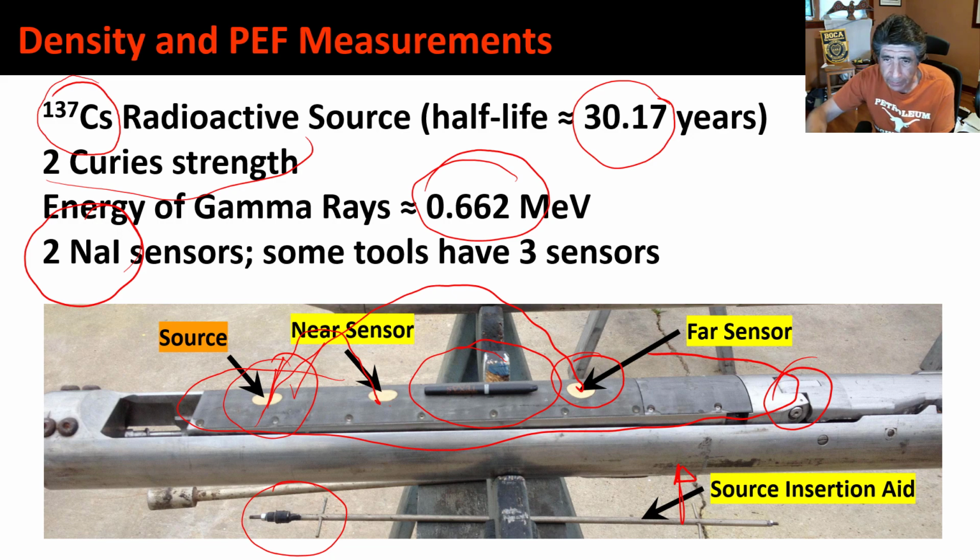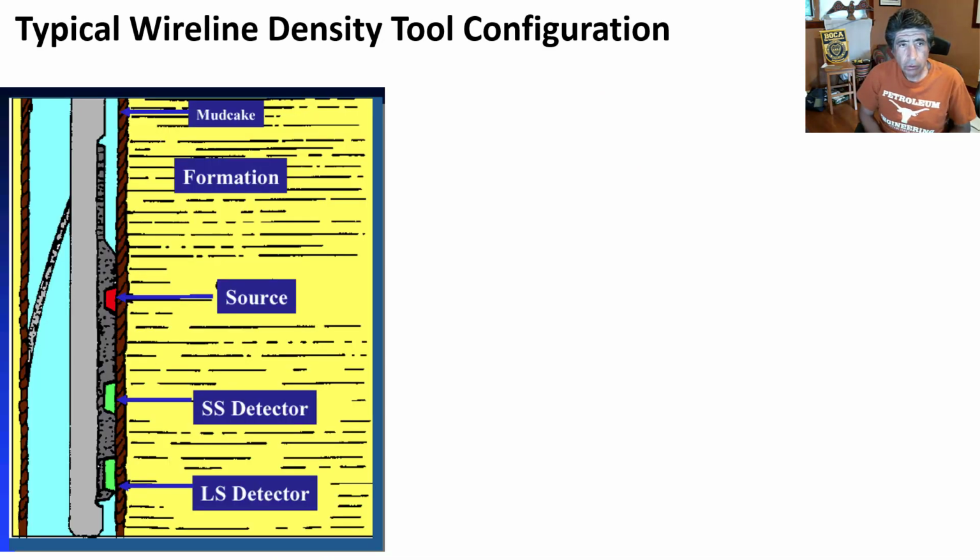So it's important that the borehole wall be relatively smooth along the complete length of the path. That's a very important principle. And also the retraction arm that presses the tool against the borehole wall is often used to measure the caliper.